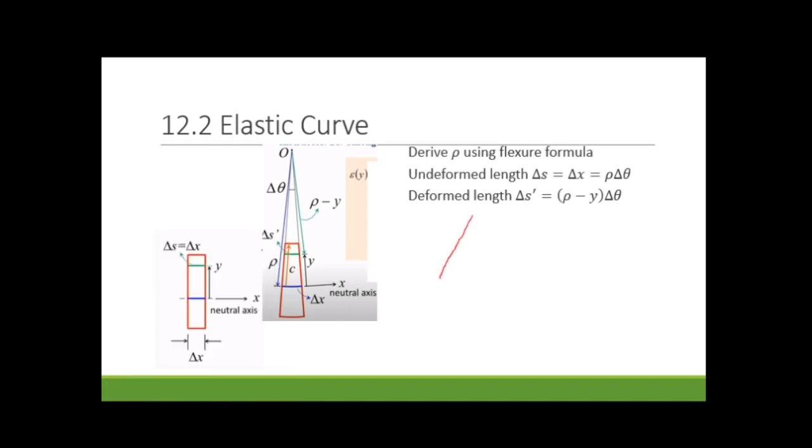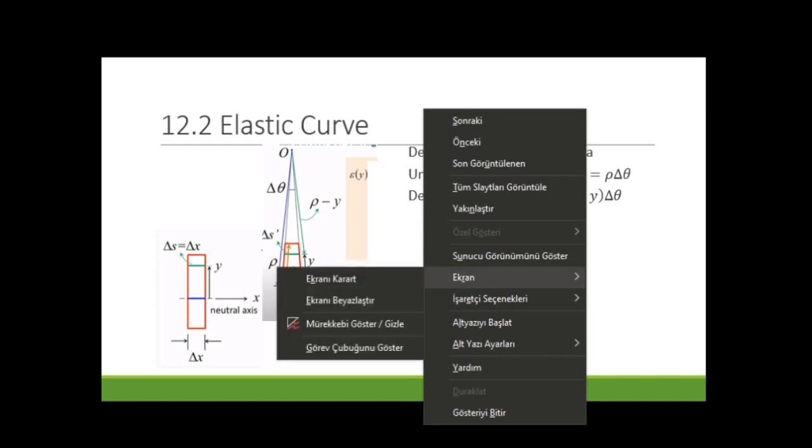For example, if we have a circle like this, with radius we call rho, and this angle is theta, then the length of the curve is equal to r times theta. Also, theta is given in radians. Maybe you remember from high school. If you don't remember, you can learn it.